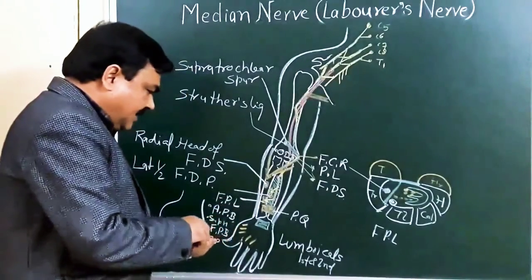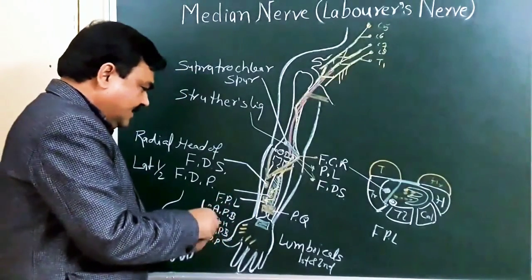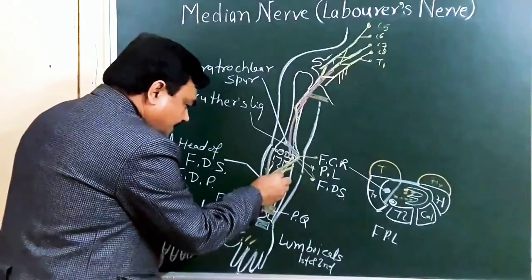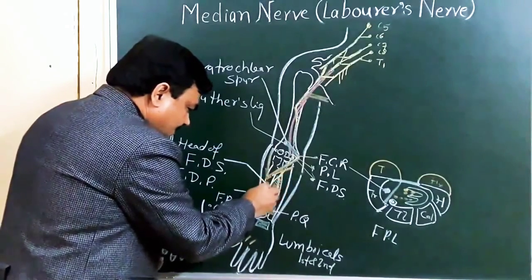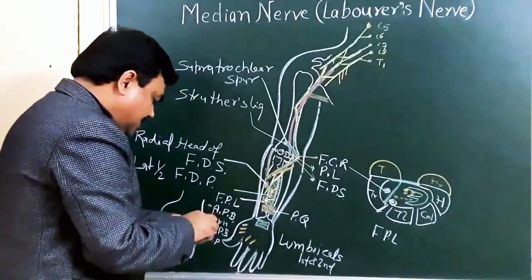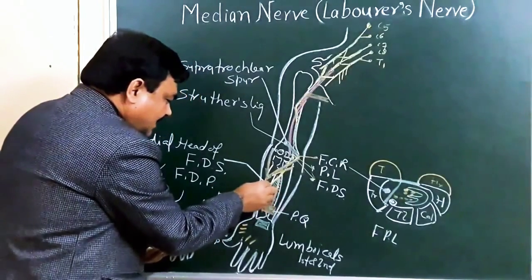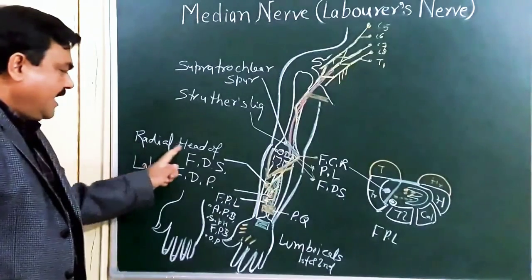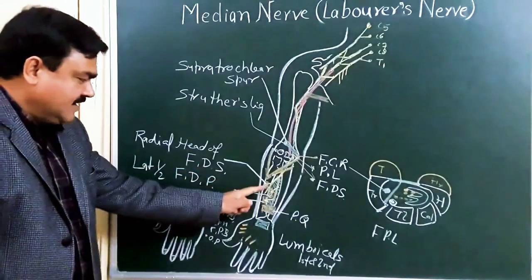Now, after giving these branches, this nerve turns laterally. On the lateral side, it gives a branch to this muscle, the radial head of flexor digitorum superficialis.